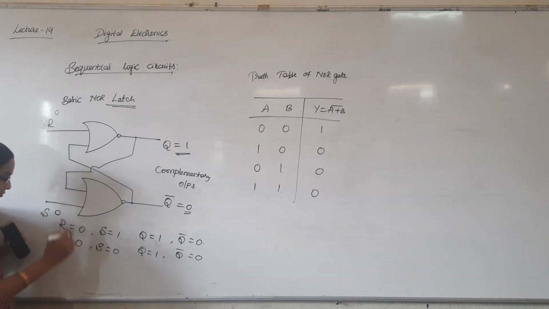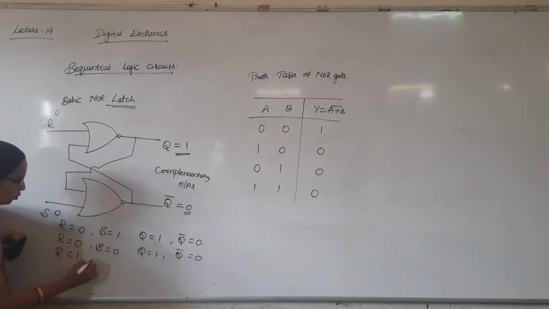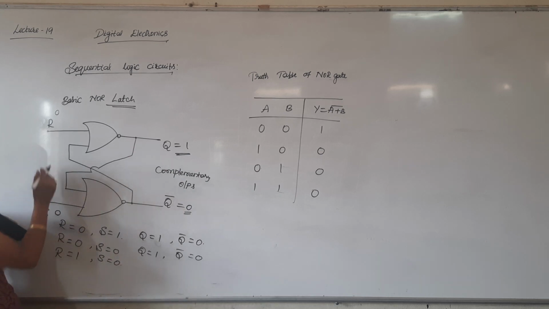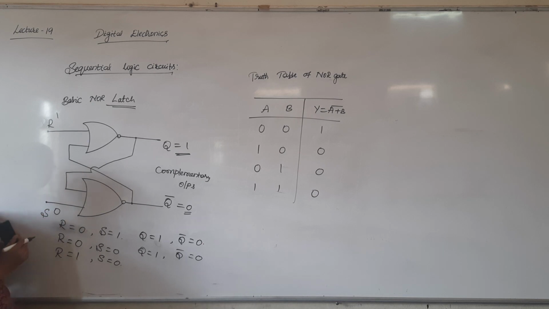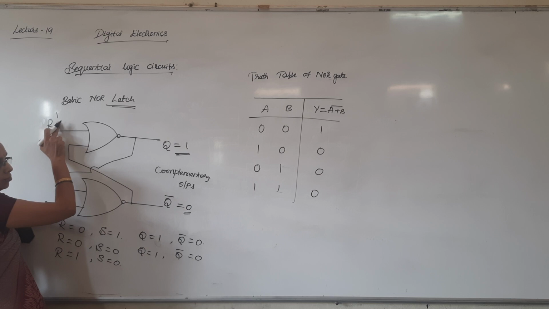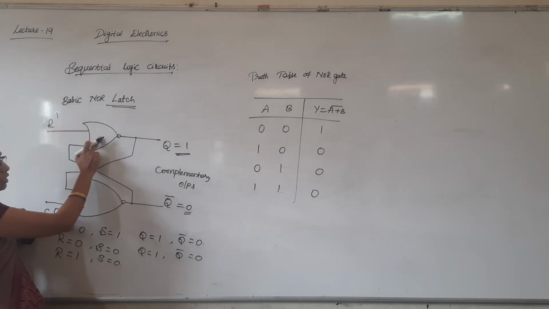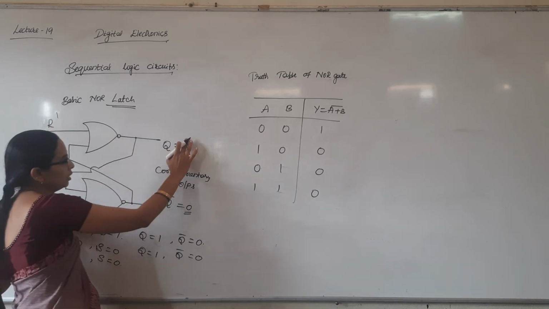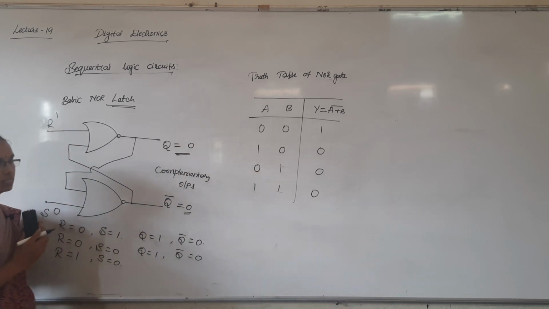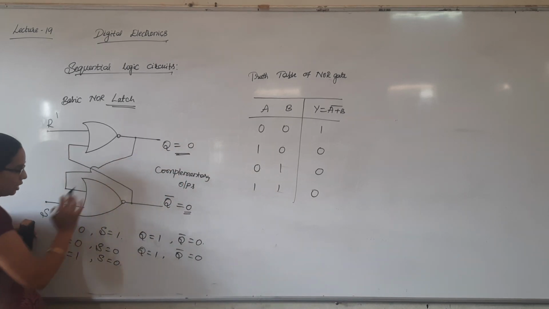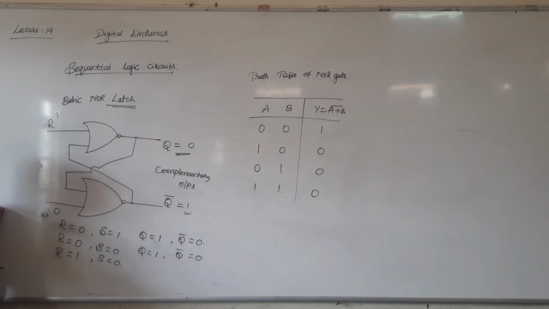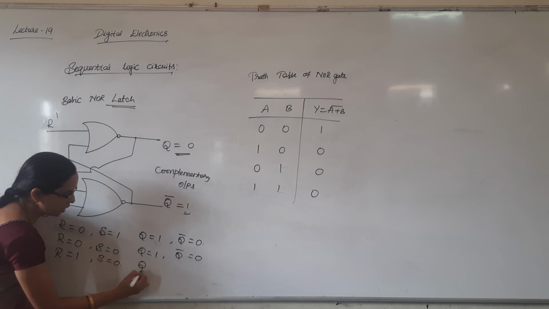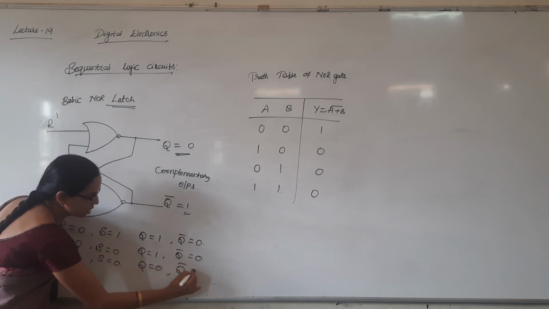Right? Now I will change this: R is equal to 1 and S is equal to 0. If any one of the inputs of the NOR gate is high, the output will be 0, and then 0 and 0 will become 1. So what happened? Q changed to 0 and Q bar changed to 1.